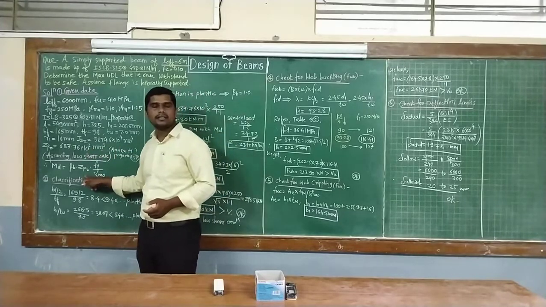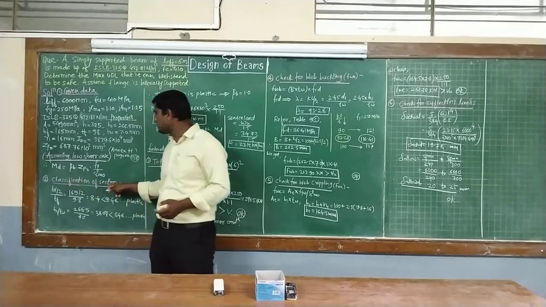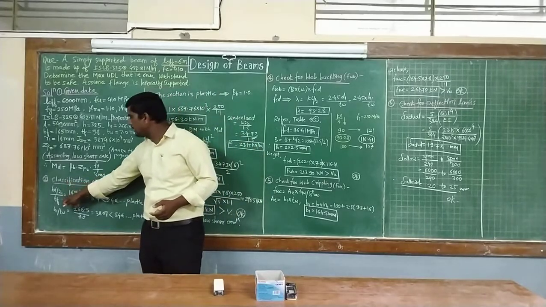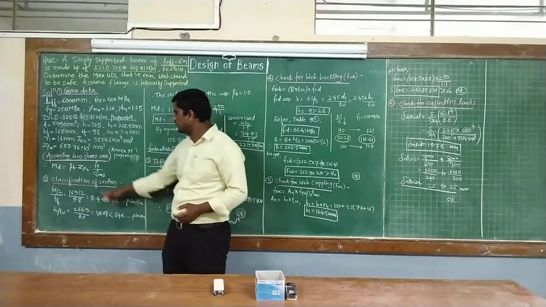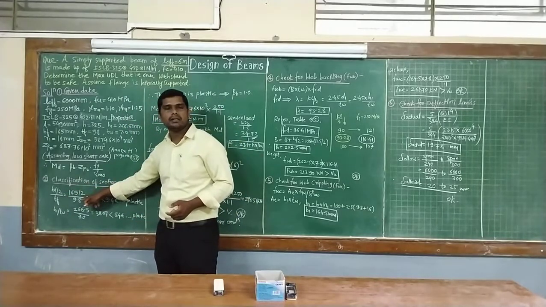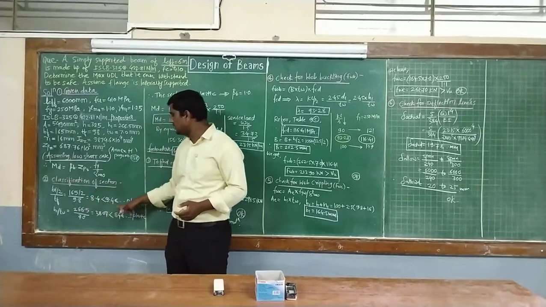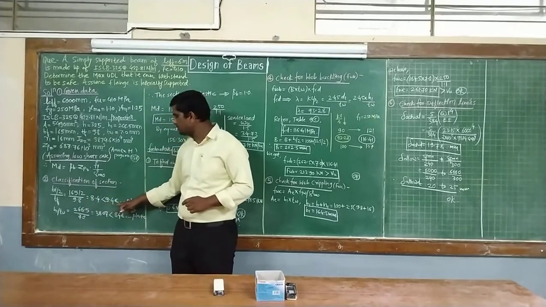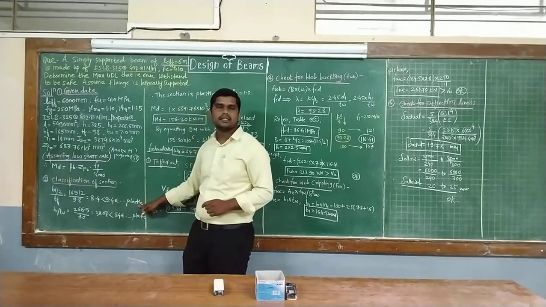The second step for this solution is classification of cross section. First, b by 2 divided by thickness of flange: 165 divided by 2, divided by 9.8, the thickness of flange. The answer is 8.4, which is less than 9.4 times epsilon, so the section is plastic.